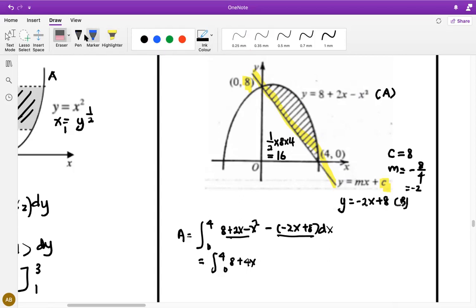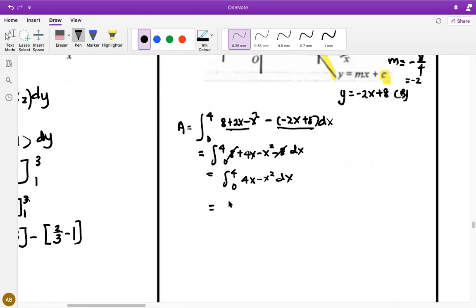Get negative x squared minus 8 dx. Therefore, you get the integral from 0 to 4, 8 and 8 cancel out. So it's 4x minus x squared dx.